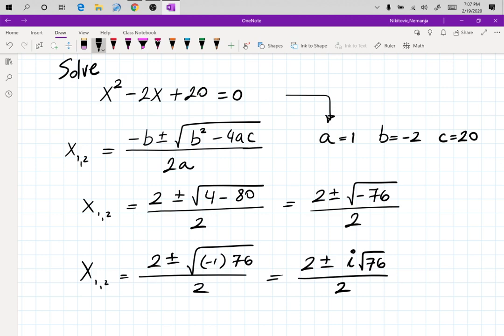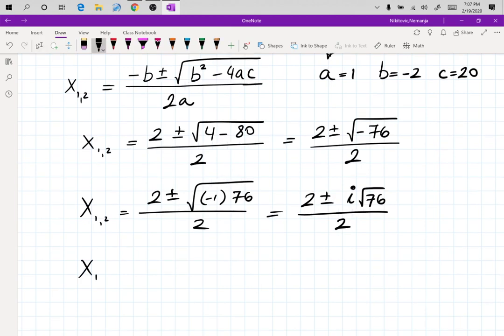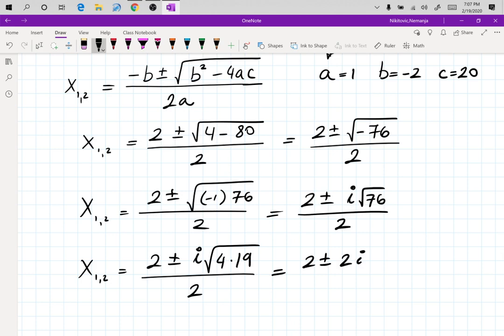So we can break off a 4. So 2 plus minus i, square root of 4 times 19, divided by 2. Now 4 is going to escape the square root. We'll have 2 plus minus 2i root 19 over 2.